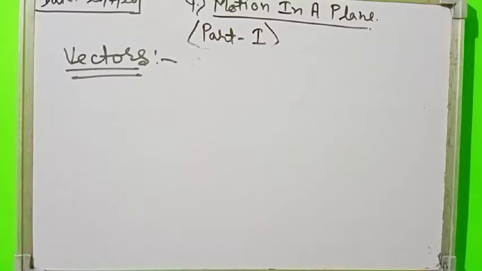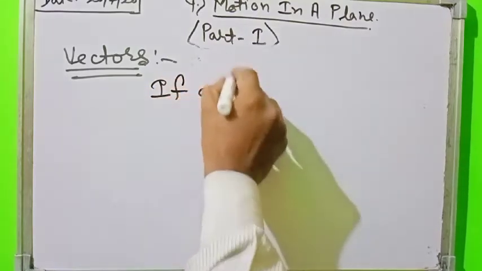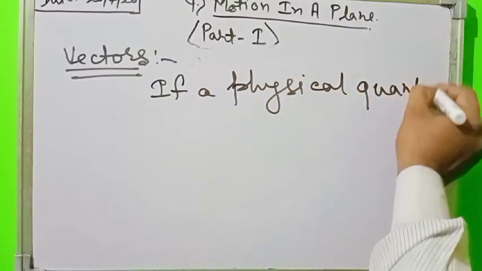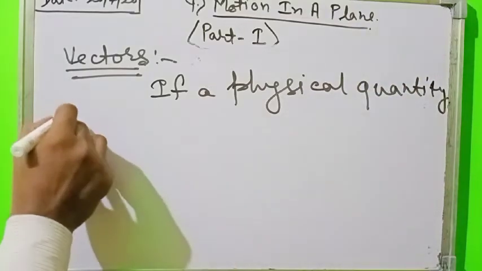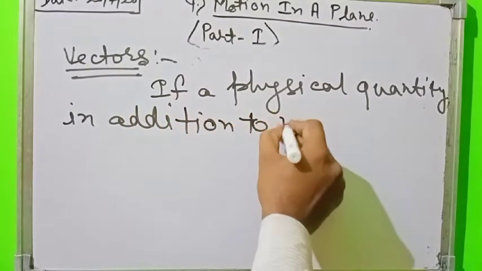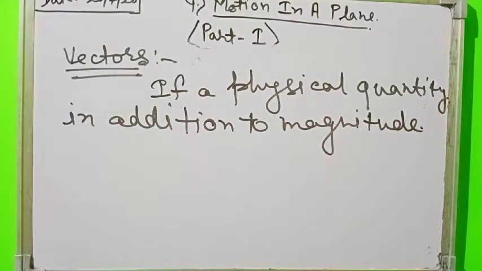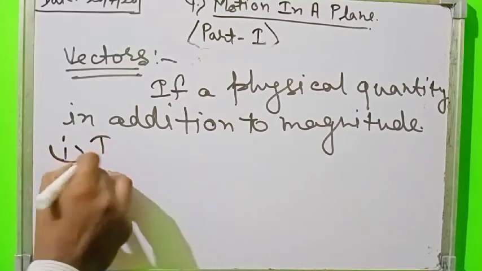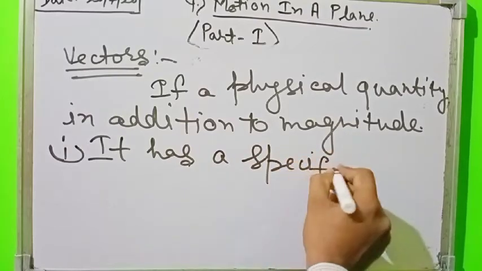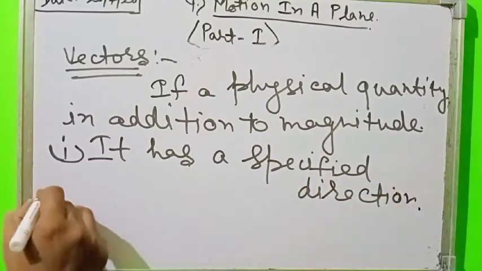It means a physical quantity which, in addition to magnitude, has a specified direction.